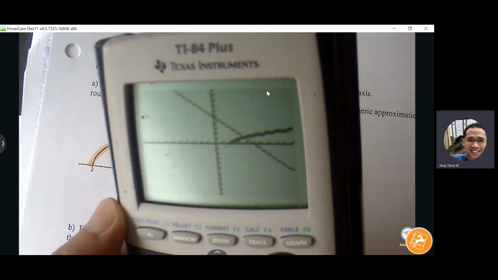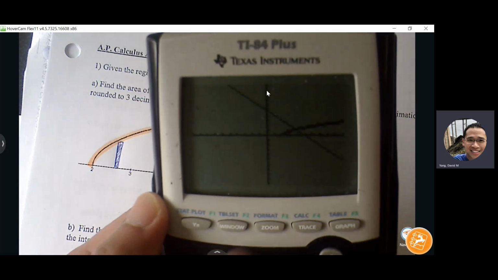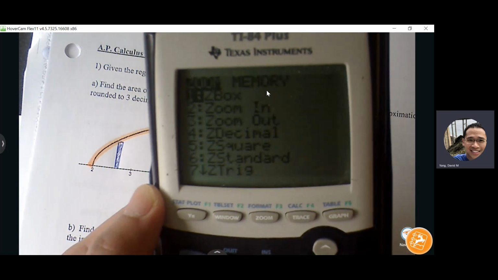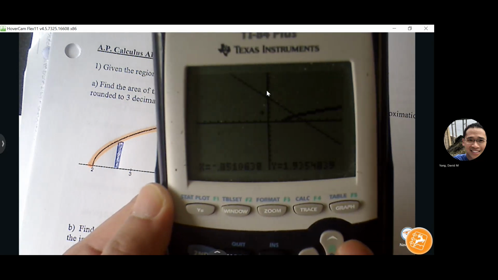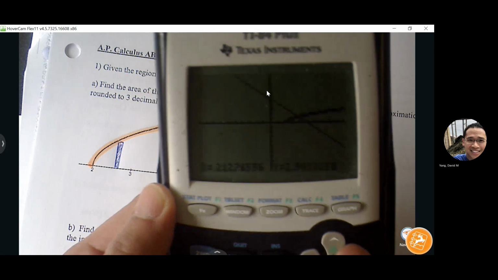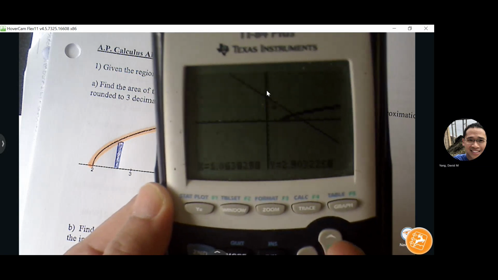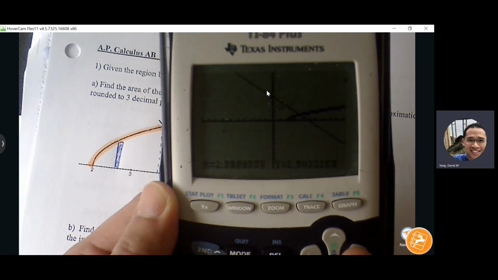Okay, so there's my graph. I can zoom in on that region there. So I do Zoom 1, Zoom Box, and pick a starting point.